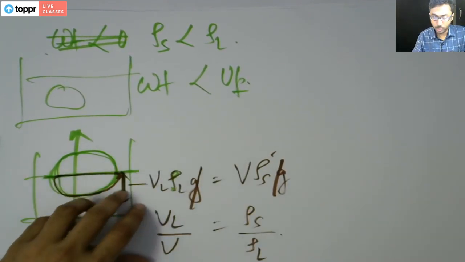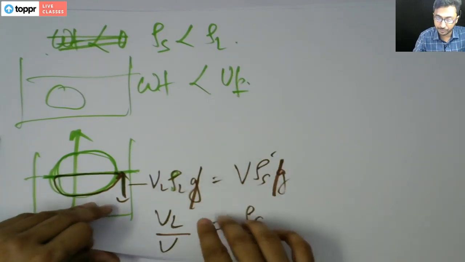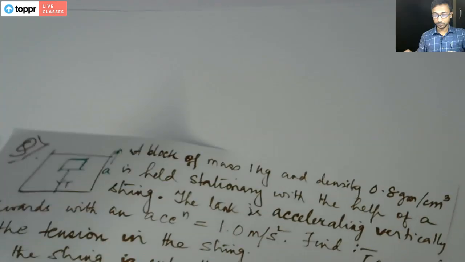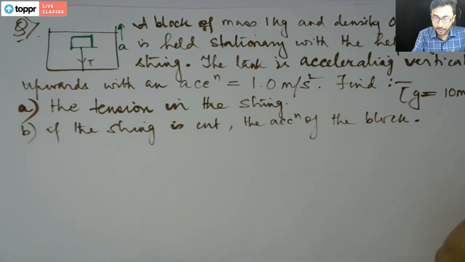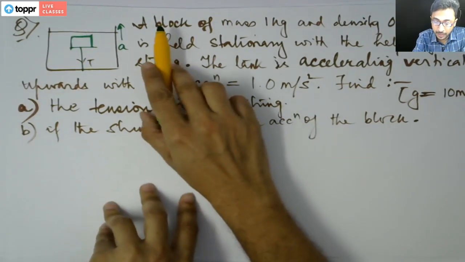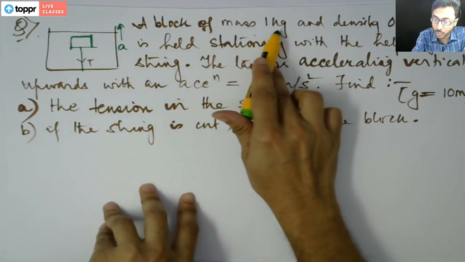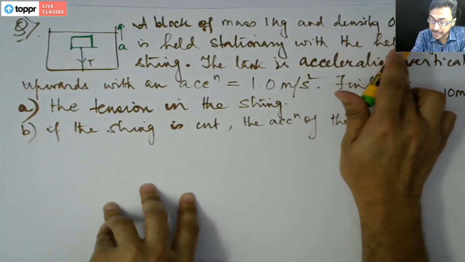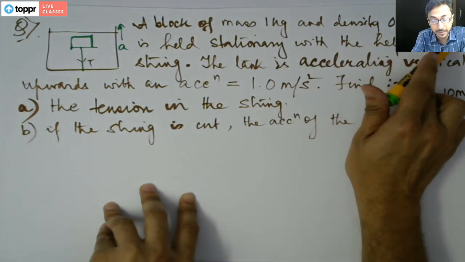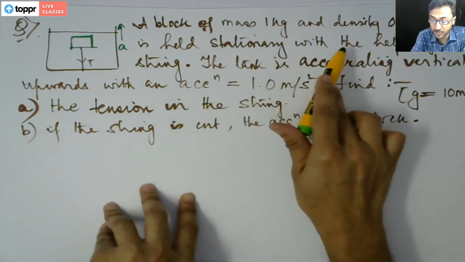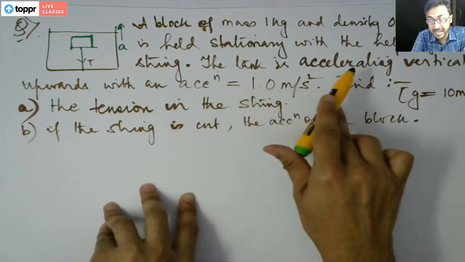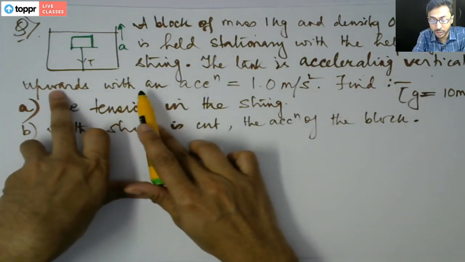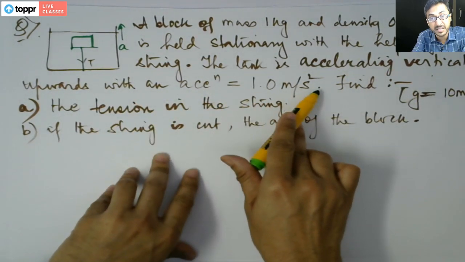Okay, let us do one problem on upthrust. A block of mass 1 kg and density 0.8 gram per cc is held stationary with the help of a string. The tank is accelerating vertically upward with an acceleration of 1 meter per second squared.